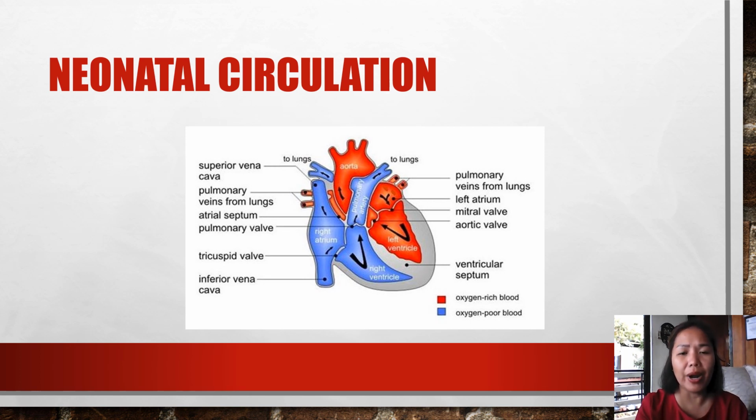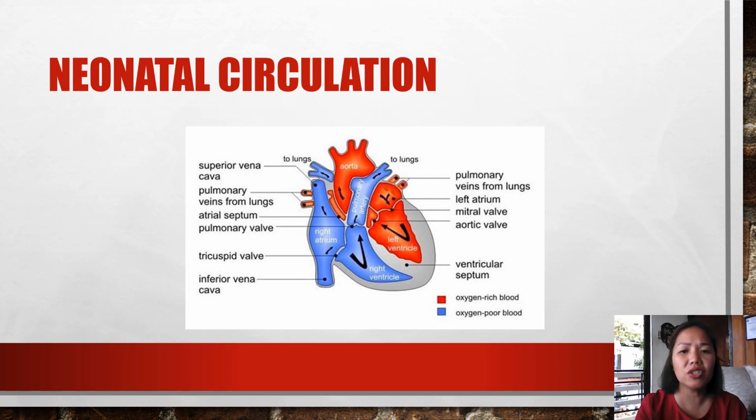Then it goes to the right atrium, through the tricuspid valve, then to the right ventricle, to the pulmonary valve, to the pulmonary artery, then to the lungs, to the pulmonary veins, to the left atrium, through the mitral valve, to the left ventricle, then to the aortic valve, then finally out into the aorta.